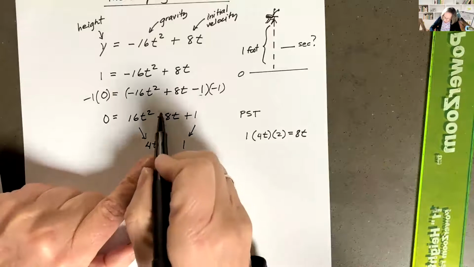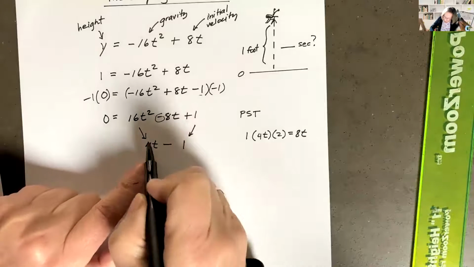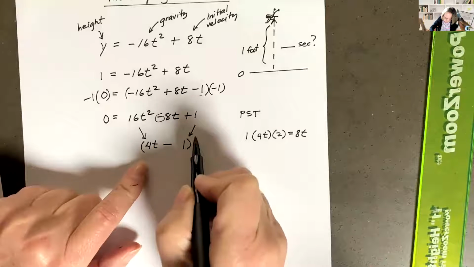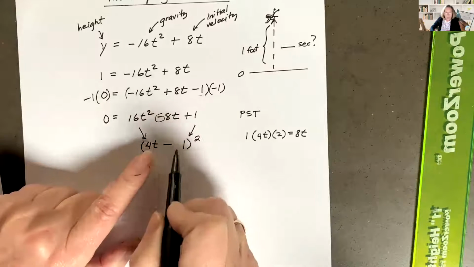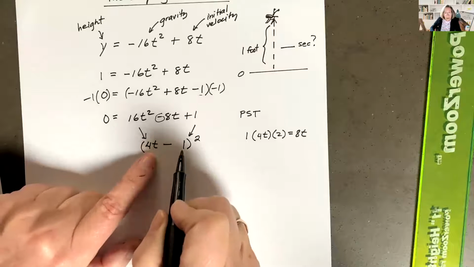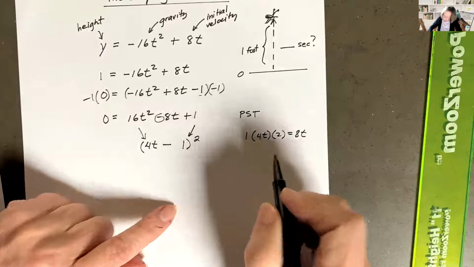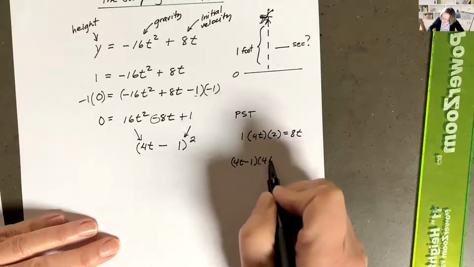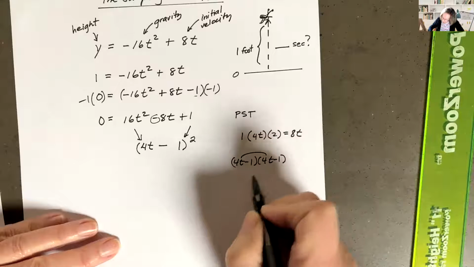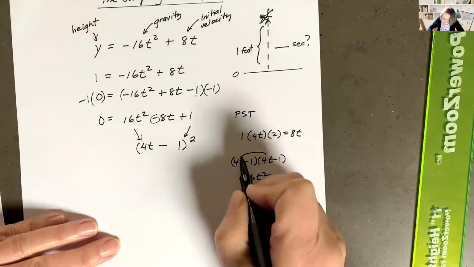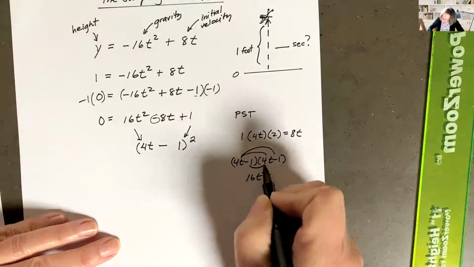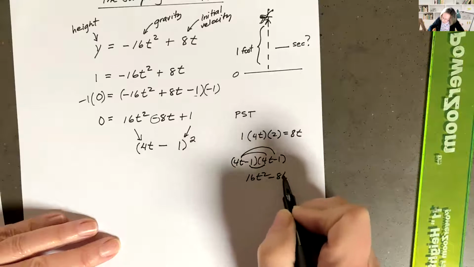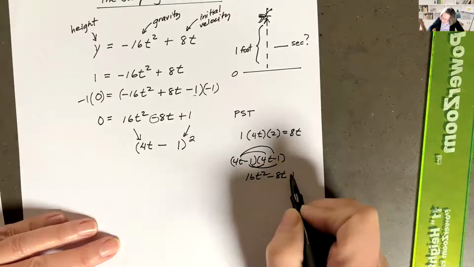And so if this is a minus, I know that this is a minus. And it means this is equivalent to 4t minus 1 times 4t minus 1. And this is why. I'll just prove it. When I FOIL this out, I get 16t squared minus 4t, and then another minus 4t. So there's my negative 8t and a plus 1.